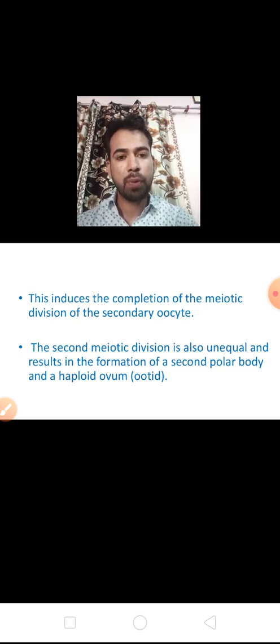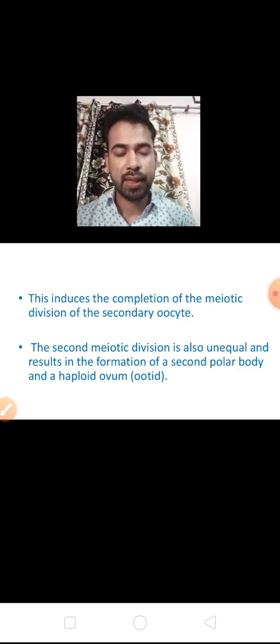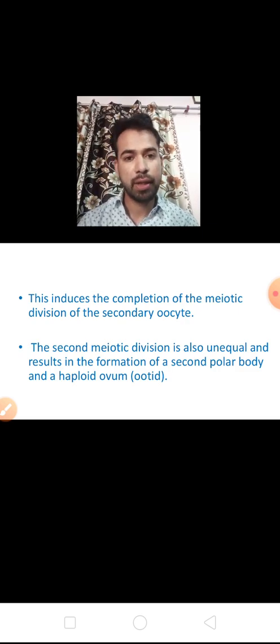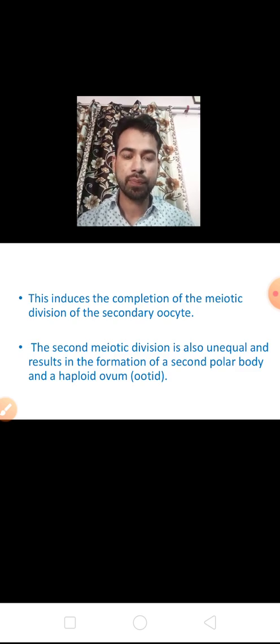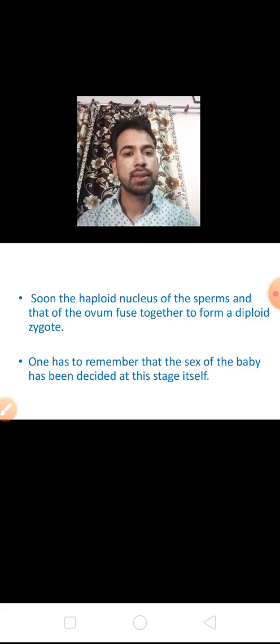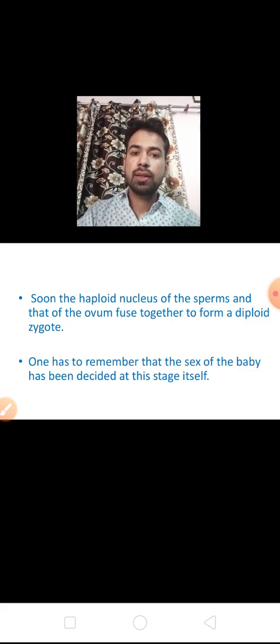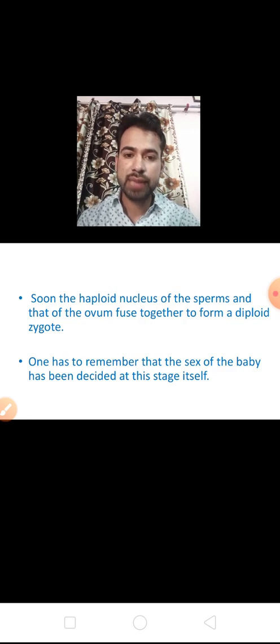Okay, haploid is represented by n and another haploid is represented by n. So n plus n is equal to 2n. Okay, so when these two haploid gametes fuse together, they form 2n, that is a diploid cell, and the diploid cell is known as the zygote.